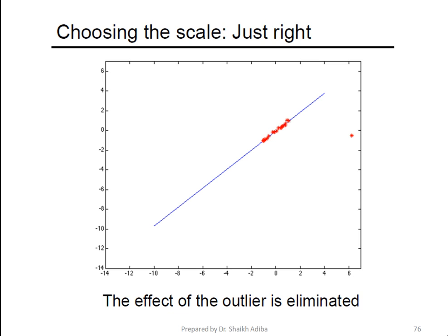Now the effect of outliers can be reduced by just choosing the right scale here. By choosing an appropriate scaling value, we can minimize the effect of outliers.